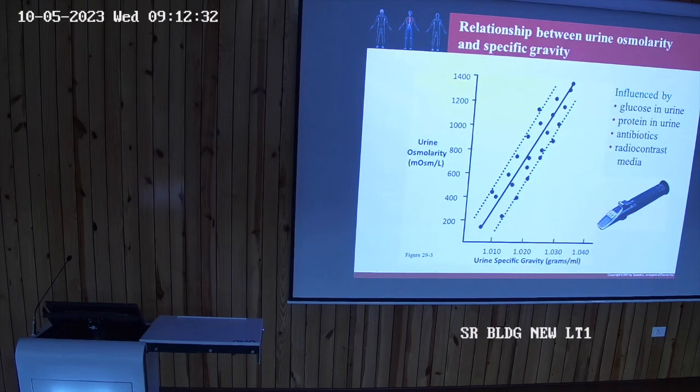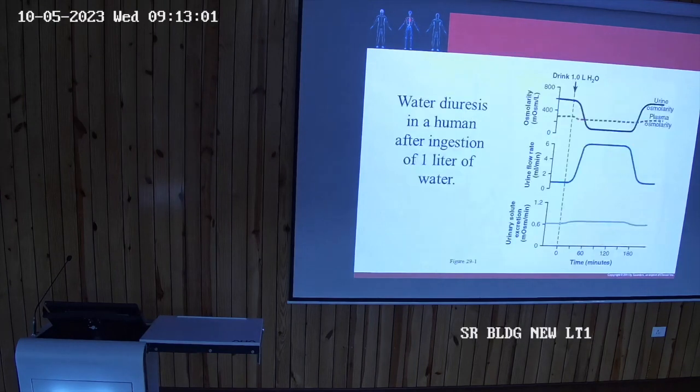The regulation can be so severe that the osmolarity may reach 1200 milliosmoles or a minimum of 50 to 70 milliosmoles. In both conditions, the specific gravity of the urine changes.